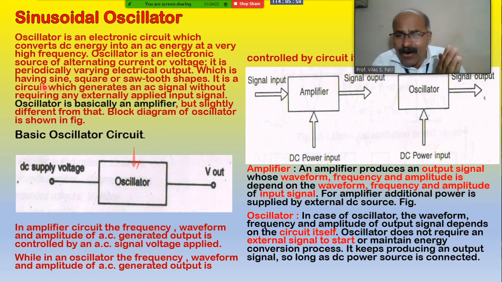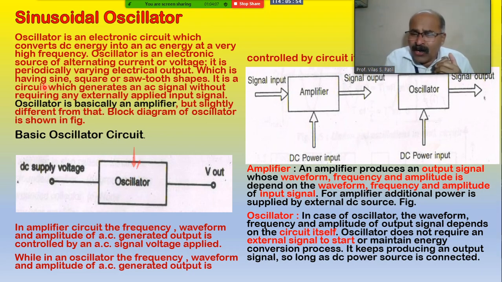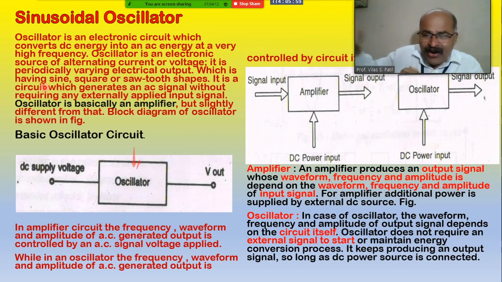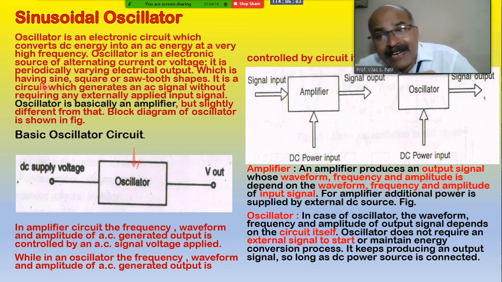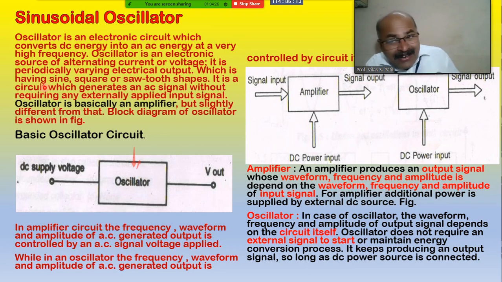Waveform may be sine wave, then that will be known as a sinusoidal oscillator. Waveform may be square wave, that will be known as a square oscillator. Waveform may be varying, but if it is triangular in shape, then that will be known as a triangular output oscillator. If it is sawtooth, it is known as a ramp generator.